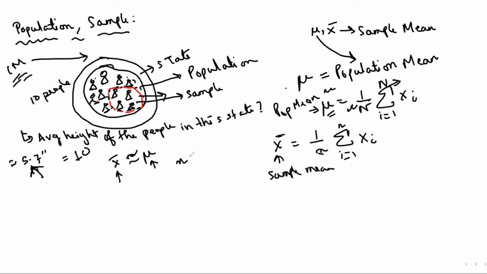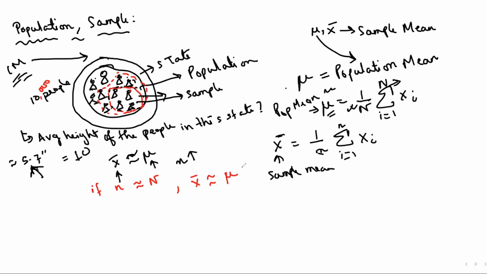If we increase the n from 10, let's say now we increased the number of people, let's say to 10,000 maybe. So if n is close to the capital N, meaning the total number of population, we can say that the sample mean will tend towards the population mean.